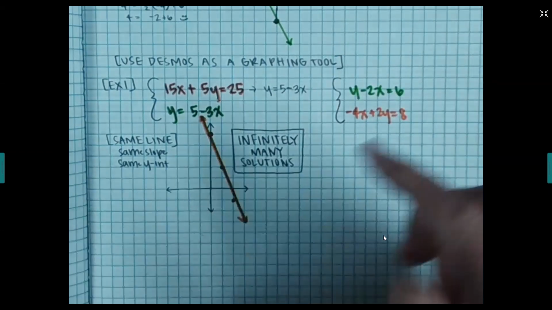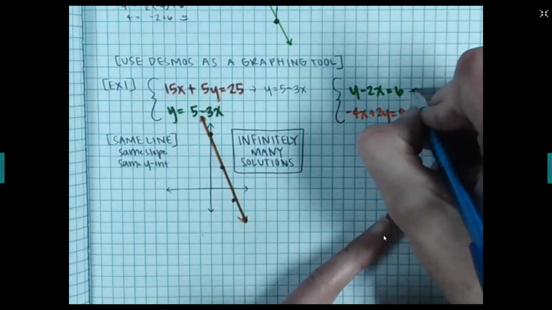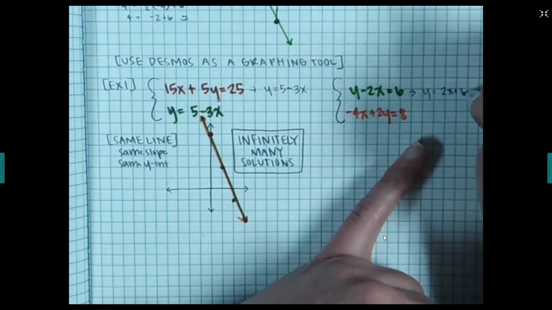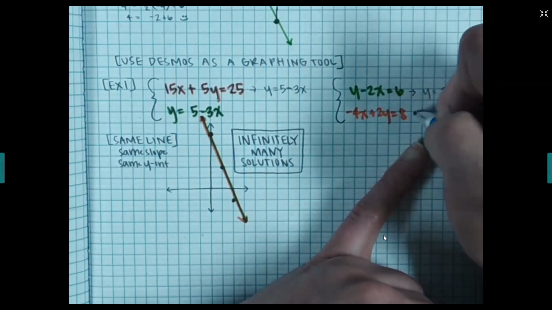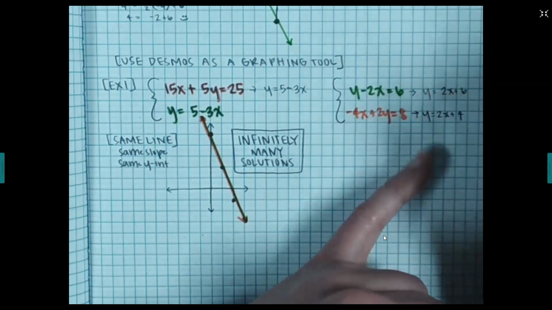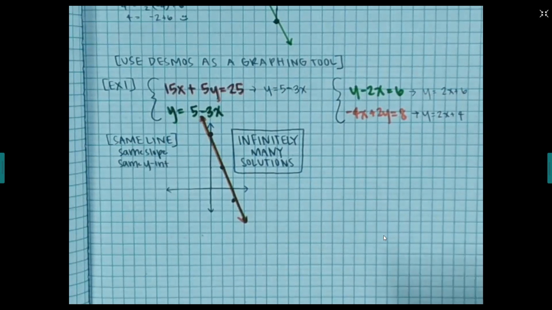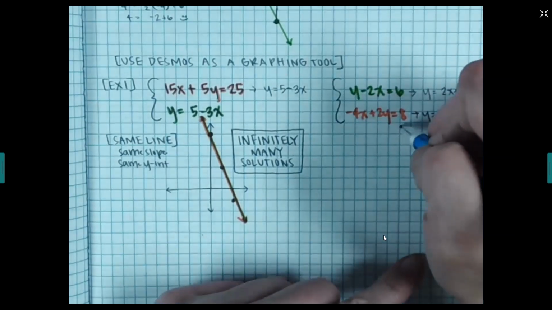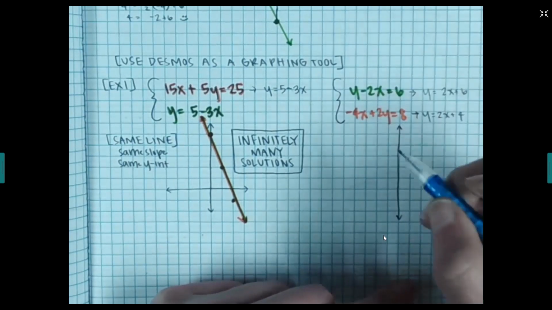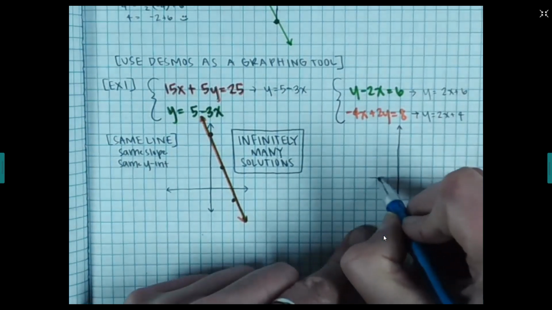And both of these equations need to be manipulated, so I'm going to do that. And then I'm going to graph them. And again, when you're working on your homework, you can use Desmos to make this a little bit quicker for you.